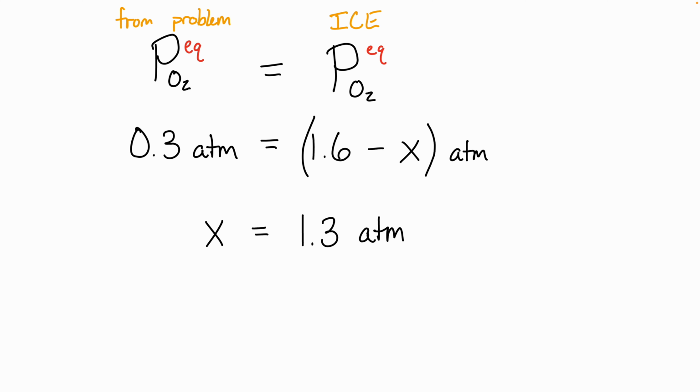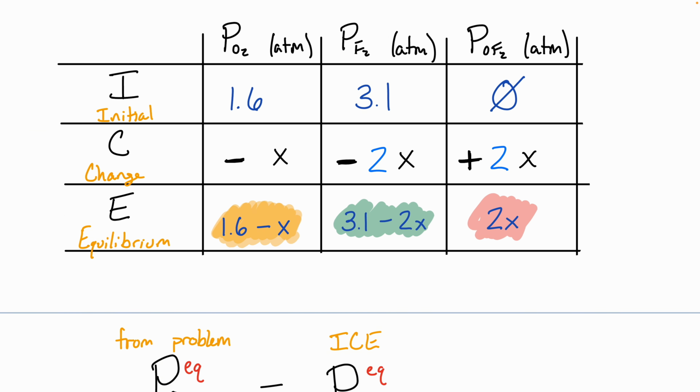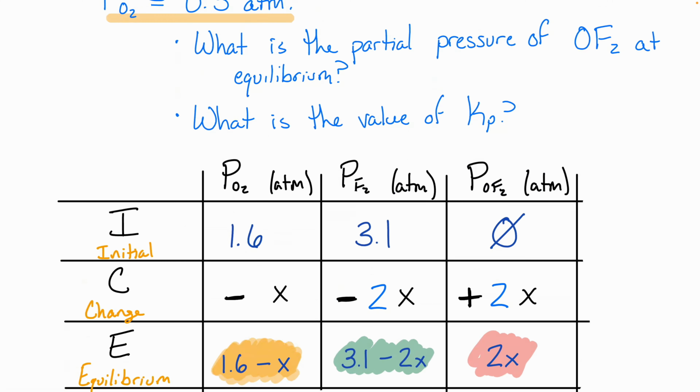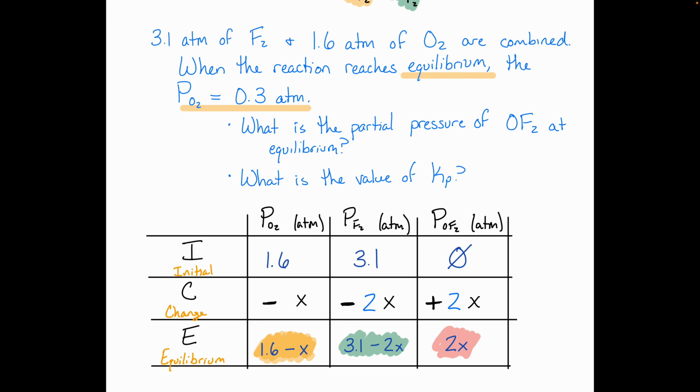So we're done. No, all right, look, this is kind of going to be how these problems work. You're going to spend all this time building your ice table. You're going to start doing a bunch of algebra to solve for x, and you're going to get x and be like, okay, great, done. Let's move on with our lives. You always want to go back and reread the problem carefully, okay? Our problem, the first one, is asking us, what is the partial pressure of OF2 at equilibrium? Is the partial pressure of OF2 at equilibrium x?